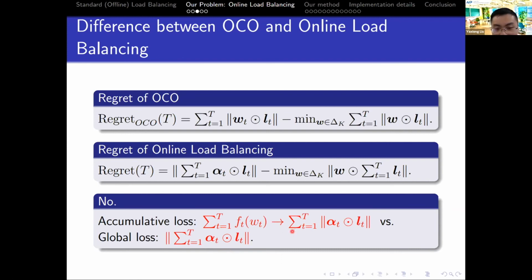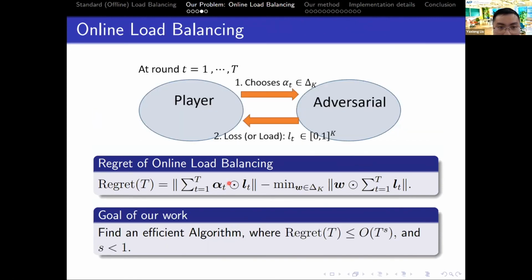At least you can say the sum sign is outside of the norm or inside of the norm. For the online load balancing problem we discussed, the sum sign is inside of the norm, so we also call it the global loss.